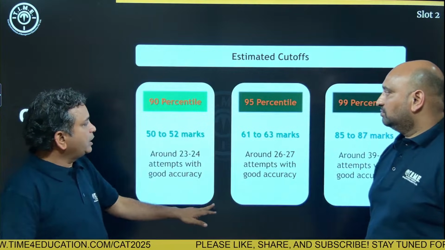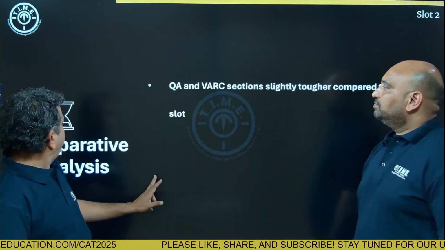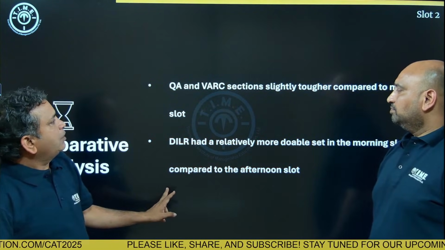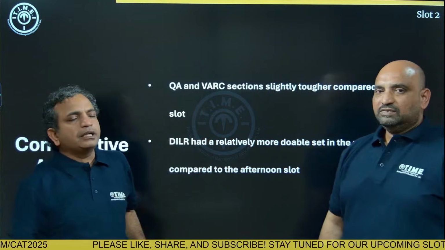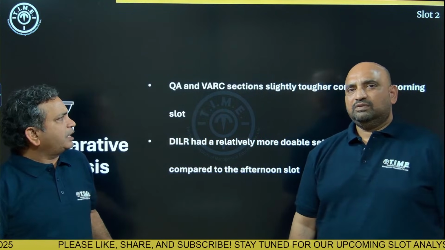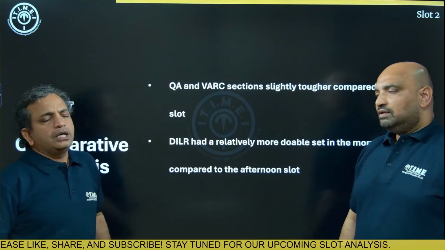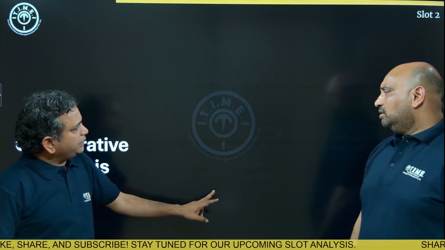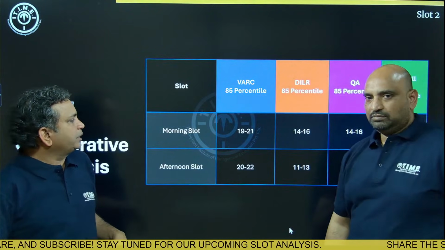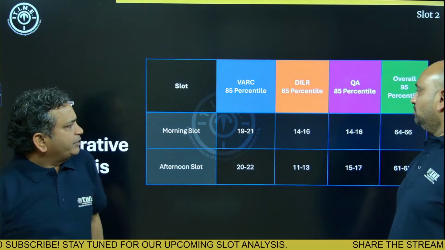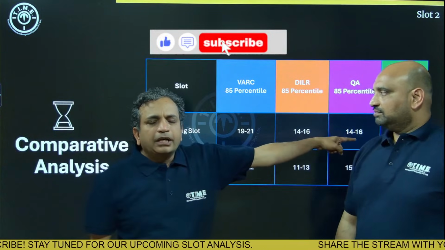So now we will move on to the cutoff comparison across morning slot. So here we are saying that QA and VARC selections are slightly tougher, possibly, and DILR had a relatively more doable set. So overall, this is how the comparison looks like. So if you see, overall, the cutoff is falling.